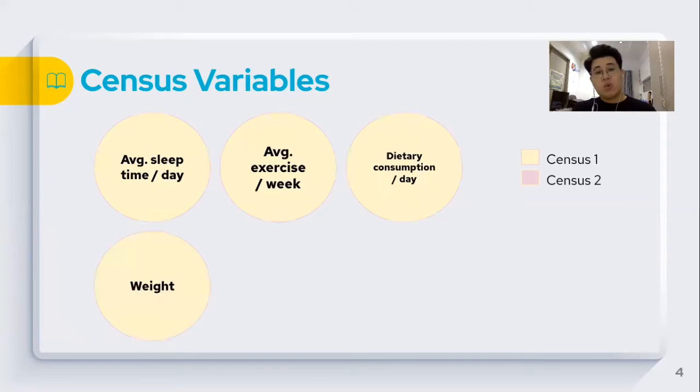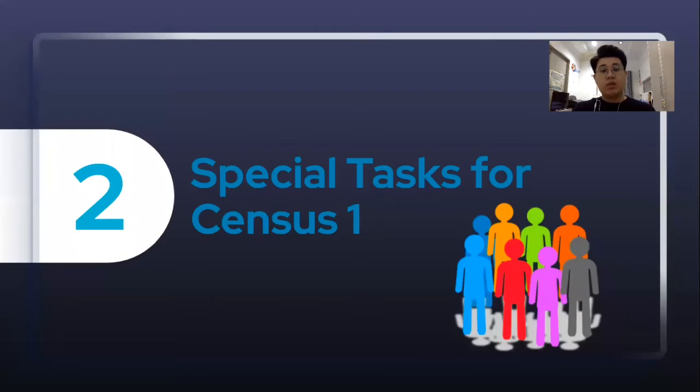Then the next ones are weight, height, gender, and age. As we're from HD2 and we're doing census 1, we're not going to include gender and age as our variables. And now I'll be discussing the special task that we're assigned to do for census 1.